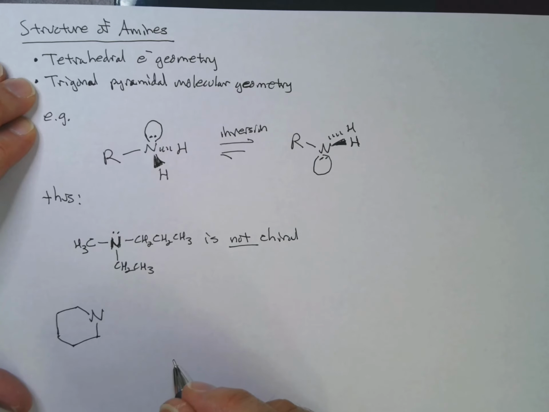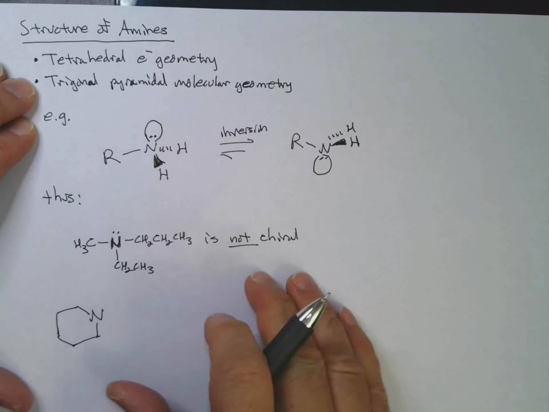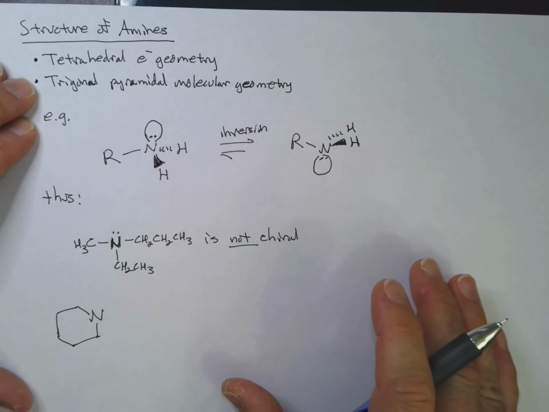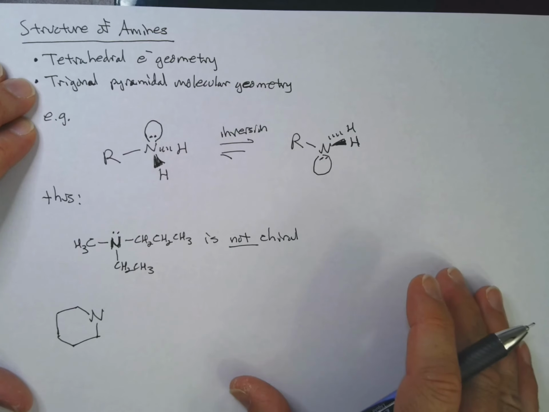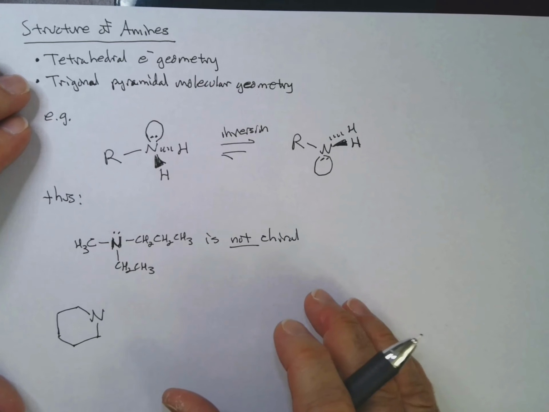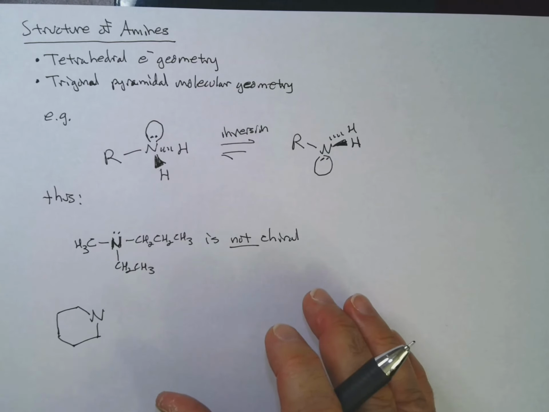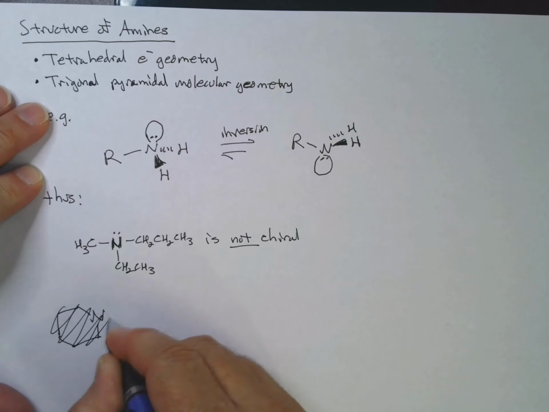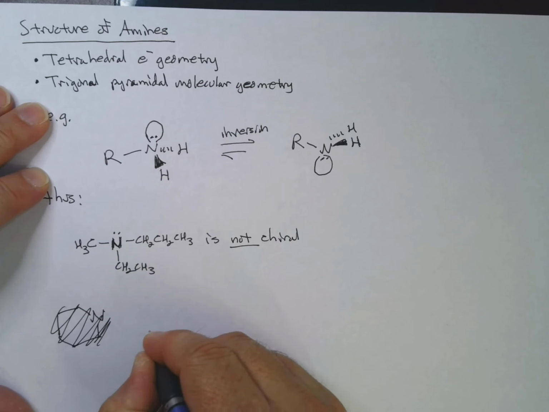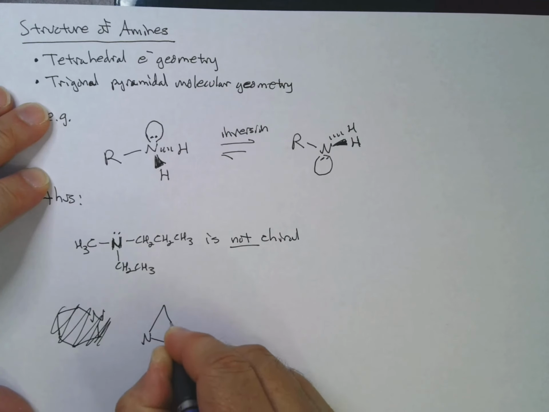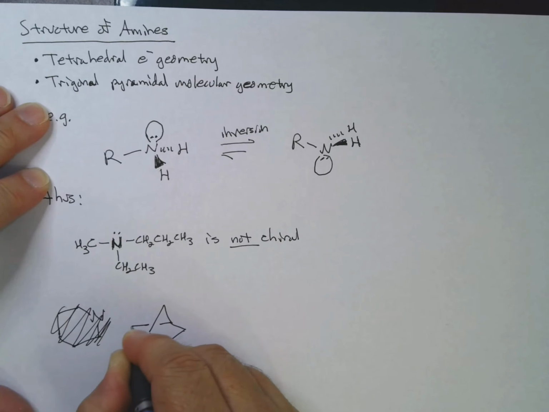So basically, for an amine to be chiral, either a carbon would have to be chiral in the molecule, or we could have a quaternary ammonium salt with 4 different alkyl groups on it, or, and this is what I'm trying to draw, we have a structure where we can't get to that inversion.